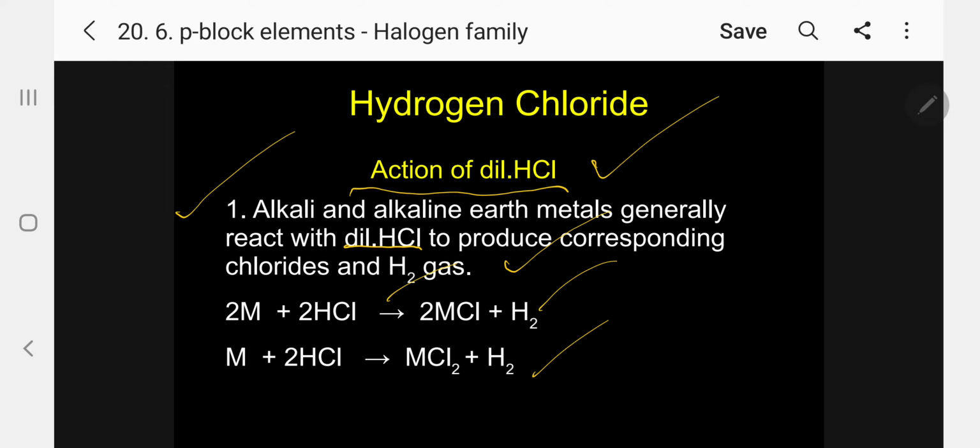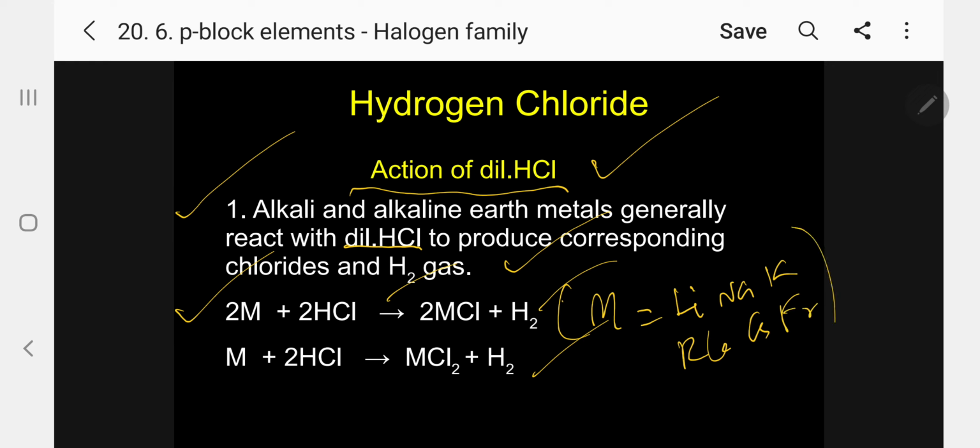Please follow. This M indicates the first one, alkali metals. M, alkali metals, comes under lithium, sodium, potassium, rubidium, cesium and francium. All these metals react with HCl to produce the corresponding 2 MCl and hydrogen.